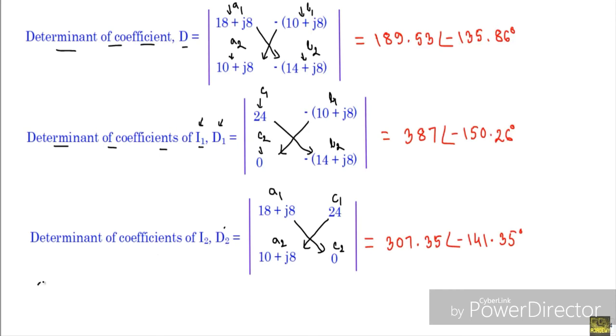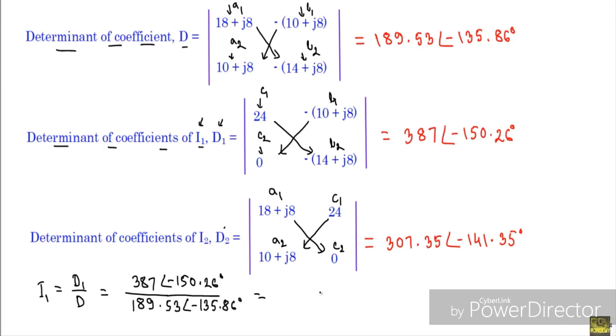So here the mesh current I1 will be equal to D1 over D. Here D1 is 387 phase angle minus 150.26 degree. D is equal to 189.53 phase angle minus 135.86 degree.